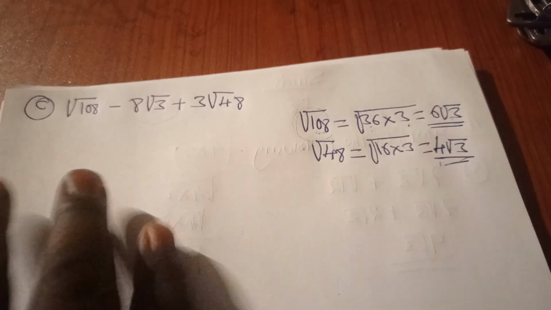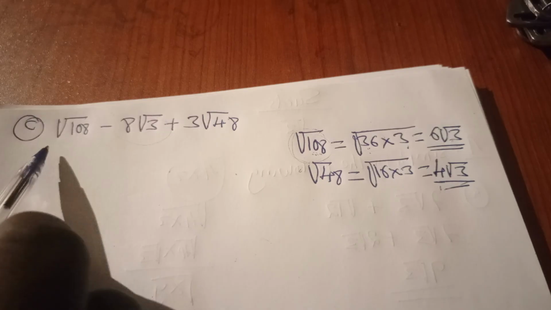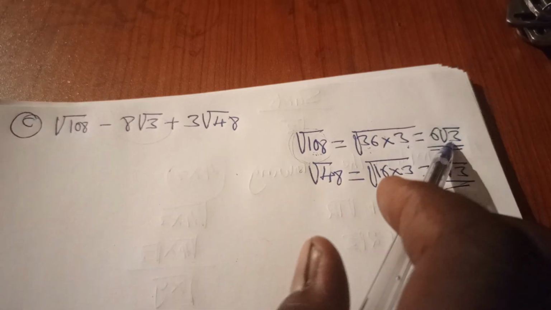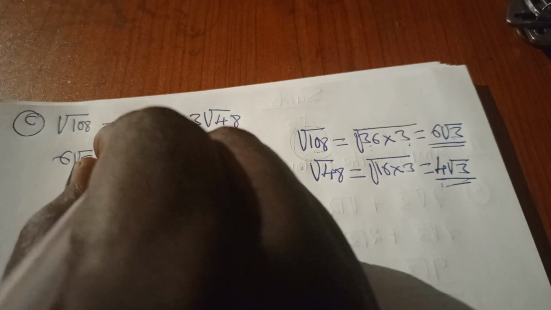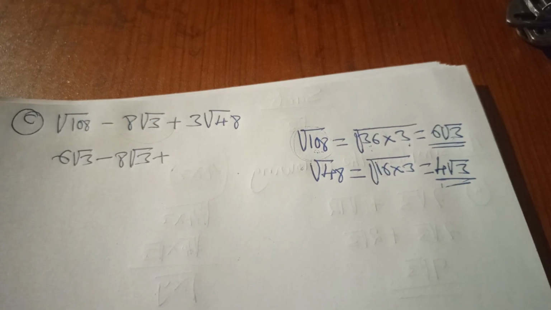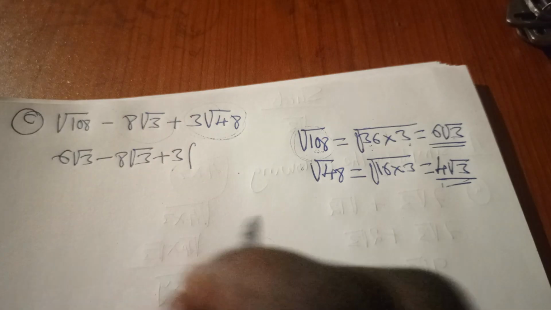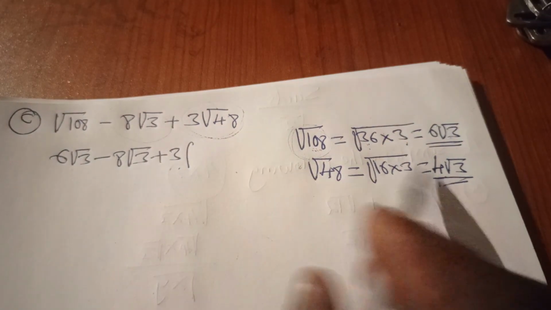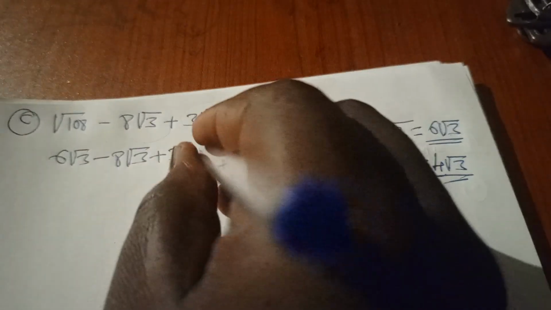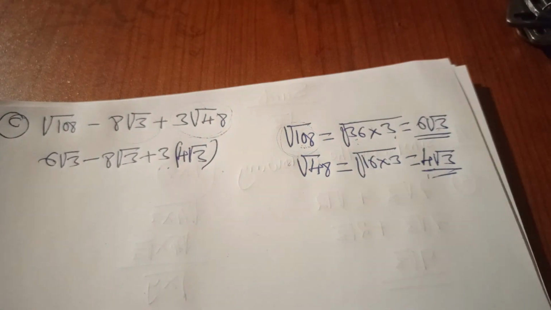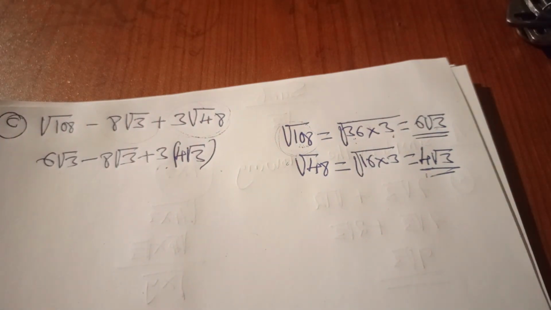So now I'll bring these numbers here. The root of 108 is 6 root of 3, then minus 8 root of 3, then plus, I'll maintain the 3 like this, bracket, then the root of 48, the answer is 4 root of 3.